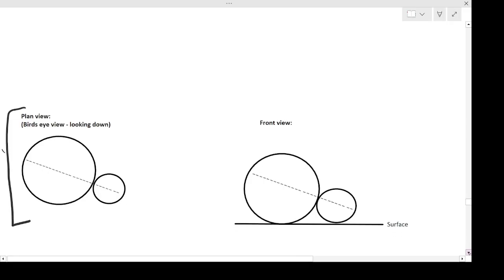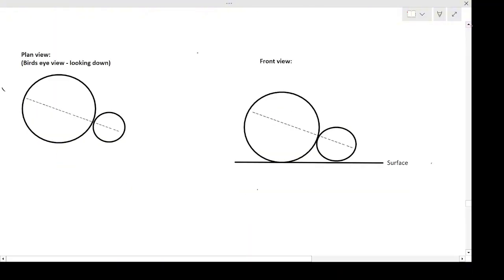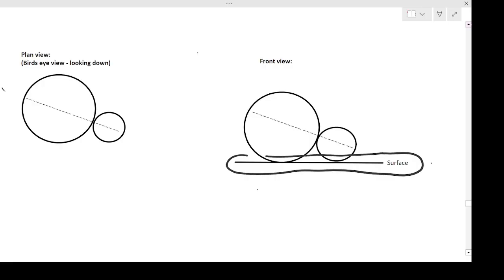But let's say we change our perspective and look at the front of the spheres. Actually, this whole time with all the problems we've looked at, the two spheres have always been rolling on a surface or ground like this.